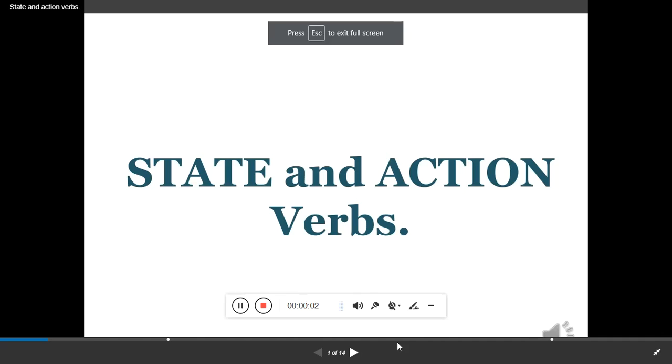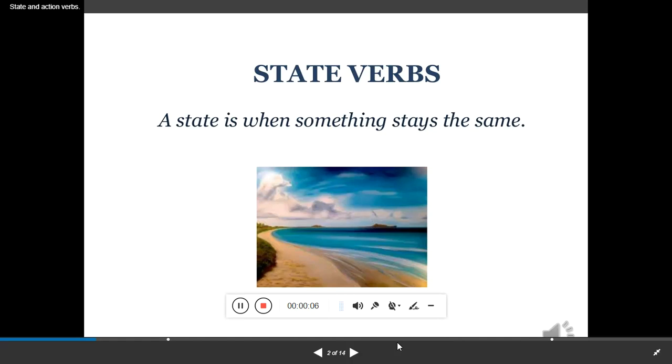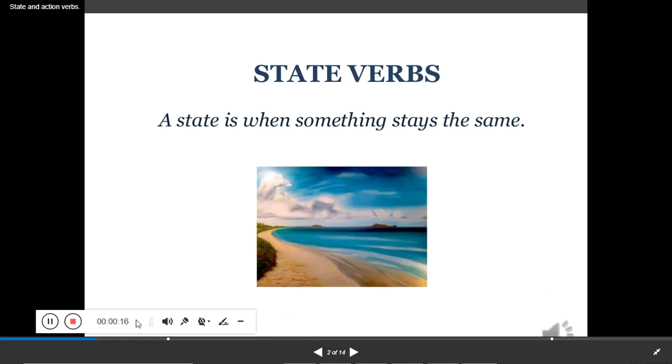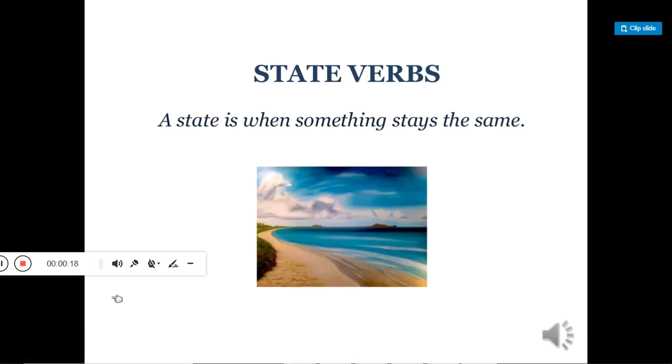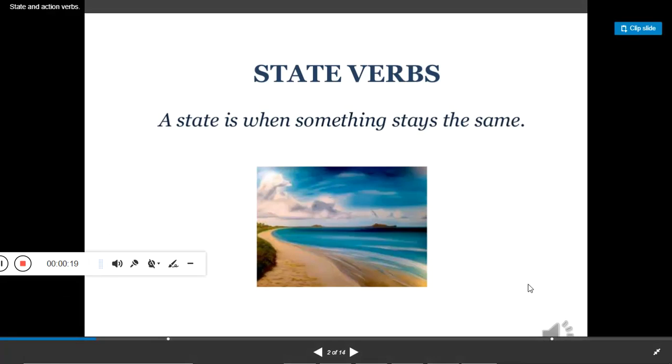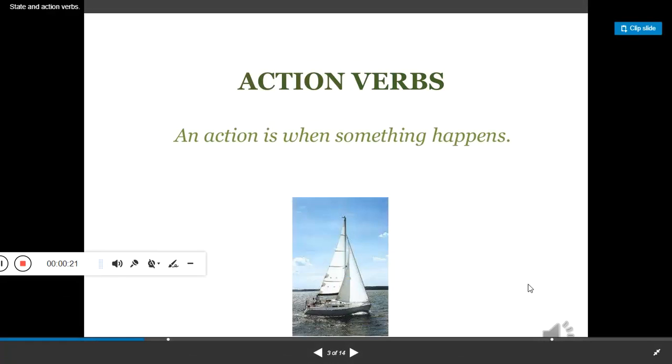State and action verbs. State verbs. A state is when something stays the same. Action verbs.